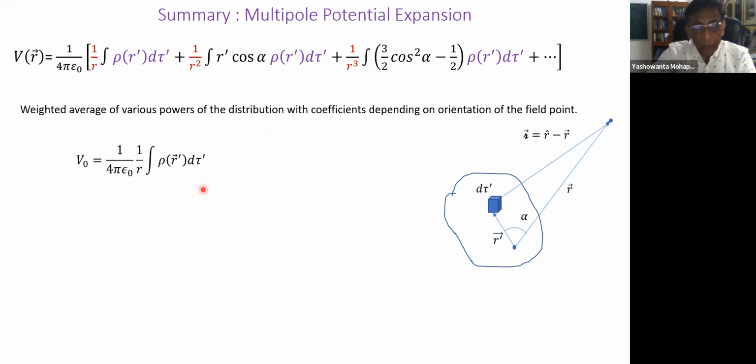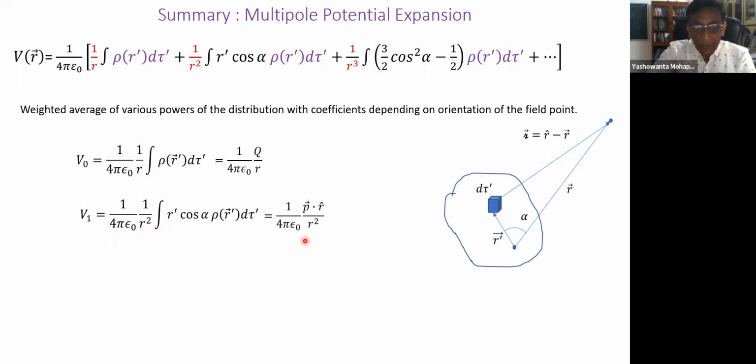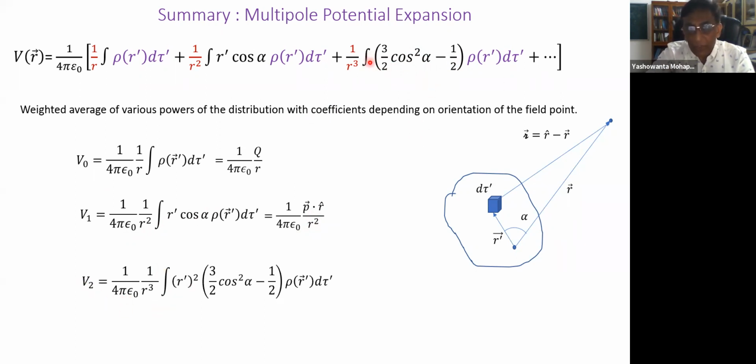So V naught is my monopole term, which has only q. Then my dipole term can be expressed simply as p dot r hat, at my field point. And this is my quadrupole term, with r square. Sorry, there's an r square missing here. So this is r square, 3 by 2 cos square alpha minus half.